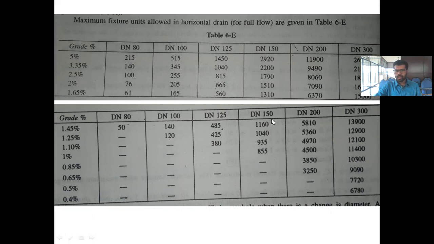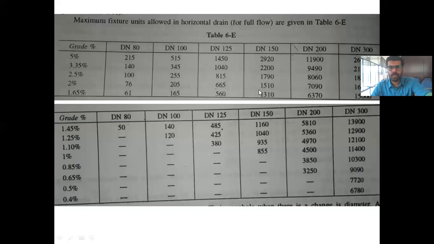So 1050 will be coming close to 1040. So you can take 150 diameter with 1.25 slope, or 150 diameter with 1.45 slope. The diameter of the pipe is 150 and the slope is 1.25. These are both columns of table 6C.